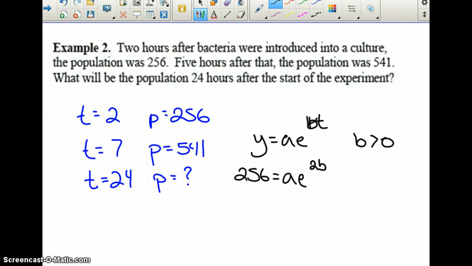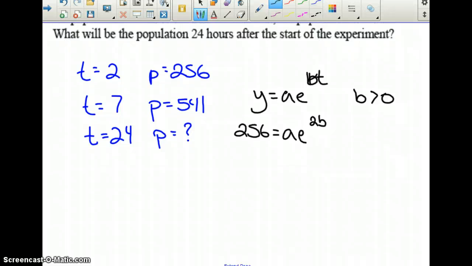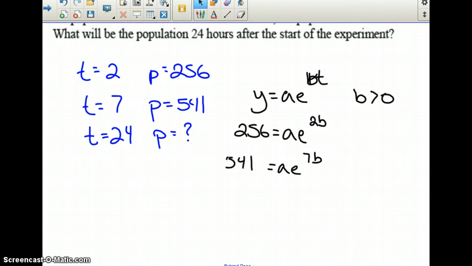And we know that when we have a e to the 7b, we have 541. So, what we're going to do is solve one of these for A and substitute it into the other. That'll help us find A, and it'll help us find B, which we need to know in order to make the model.